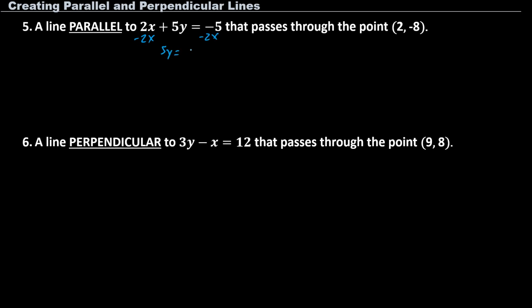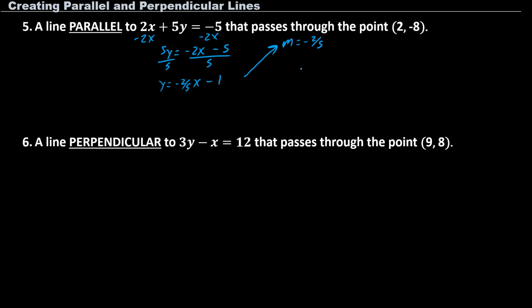So 5y is equal to negative 2x minus 5. Then we need to divide out the 5 away from the y. So y is equal to negative 2/5 x minus 1. Now that we have the equation, we can steal the slope from it, so m is equal to negative 2/5.